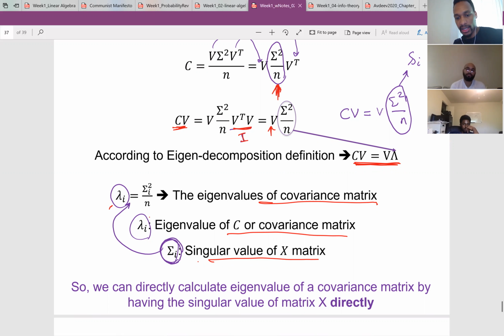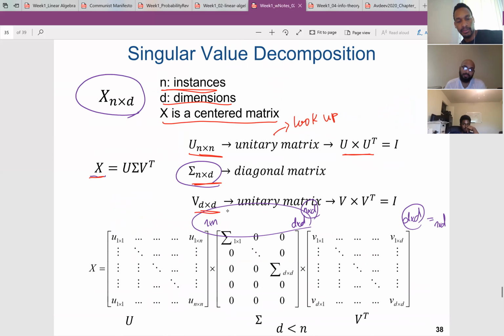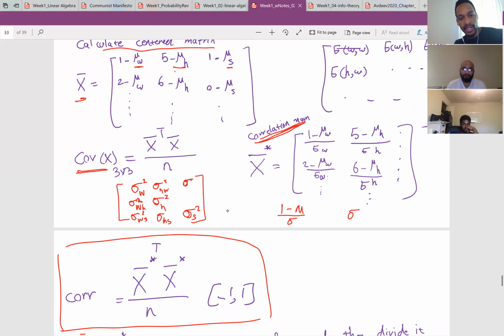So we can directly calculate the eigenvalues of the covariance matrix by having the singular values of the matrix X directly. So remember that X was your data points, and you can go through this to calculate the eigenvalues of the covariance matrix, and that will at least give you the variances between each of the components that you're looking at.